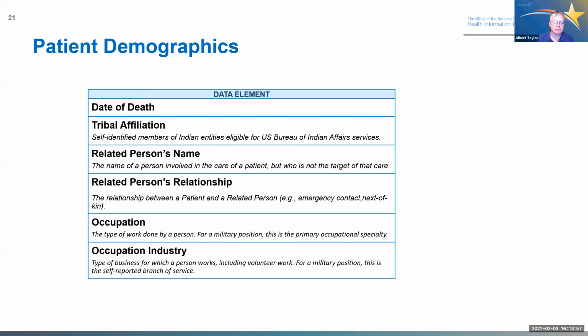The occupation and occupation industry are 2 data elements that are represented by a new data model called the occupational data for health. This is a data model that was developed by NIOSH, part of CDC, and they have been working on being able to represent in a very logical way a person's job, their work, the type of industry that they're in, as well as their military status or veteran status. This data model was built to represent all of those things.